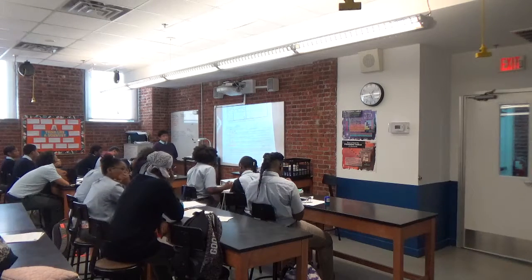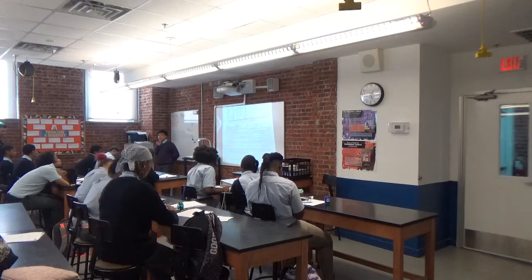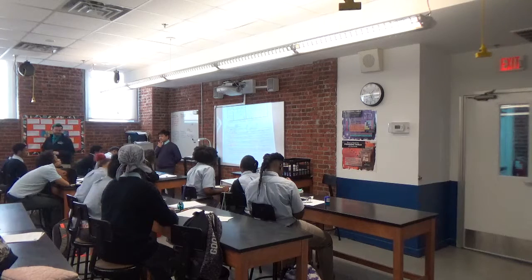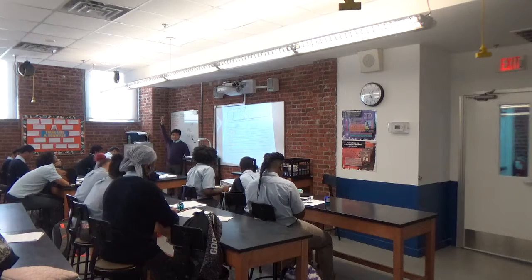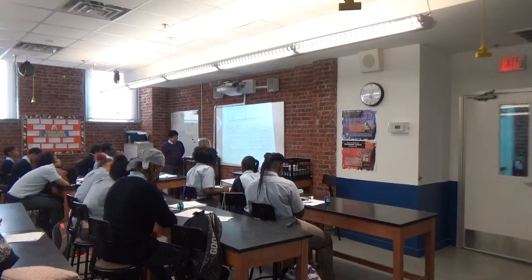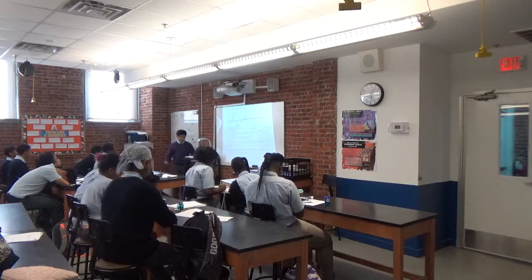Alright. So let's start off. How are we going to do this? Can someone tell me how we're going to start? Who can tell me how to start? Alright, so how we're going to start is, we know that potassium has a +1 charge. We have potassium.